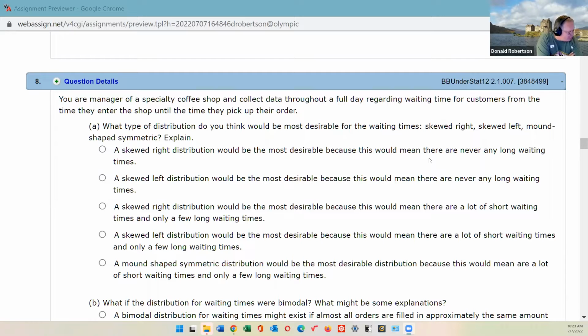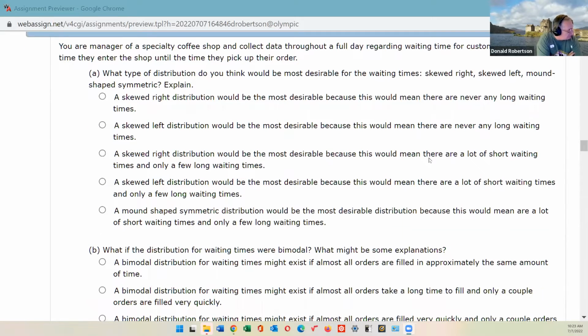So what kind of distribution do you think would be most desirable for the waiting times? Would you like it to be skewed left, skewed right? Oh, another name for symmetric, mound-shaped. I missed that one. Didn't I tell you yesterday, bell-shaped, symmetric, and normal?